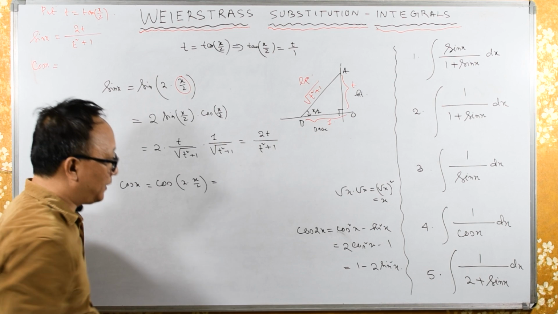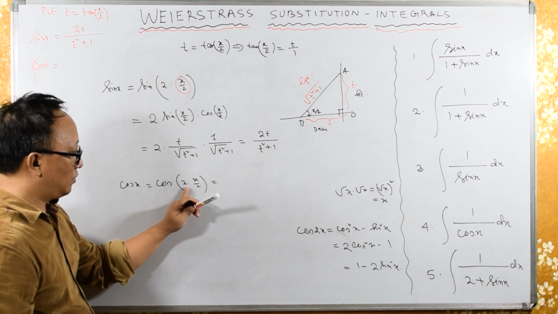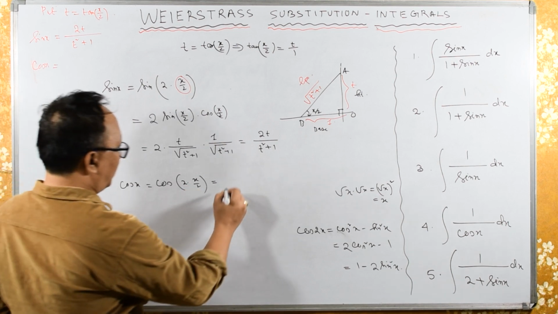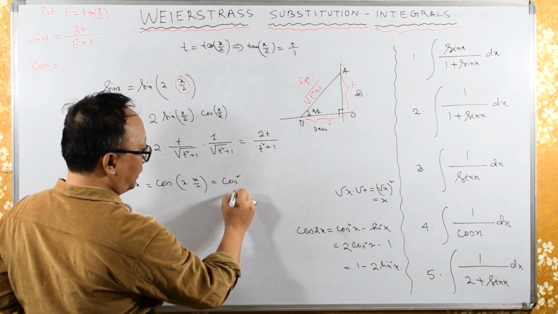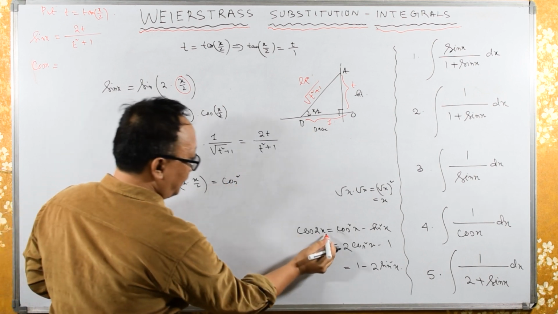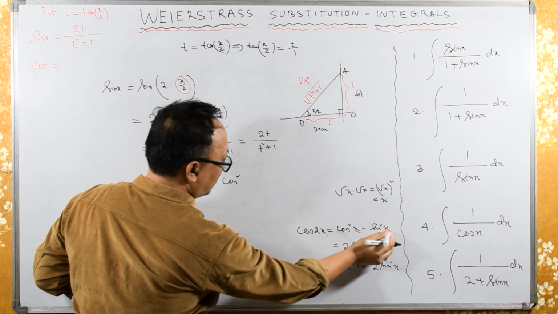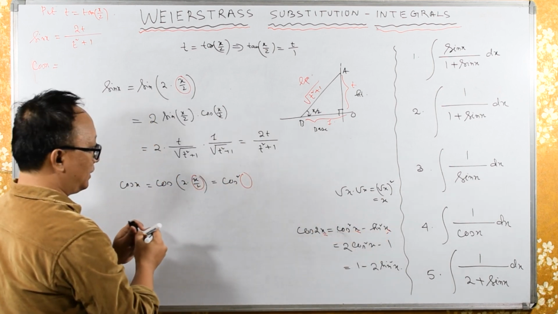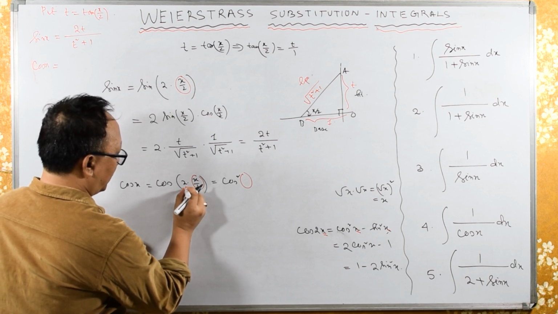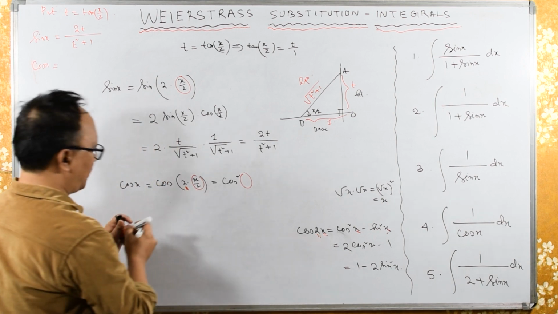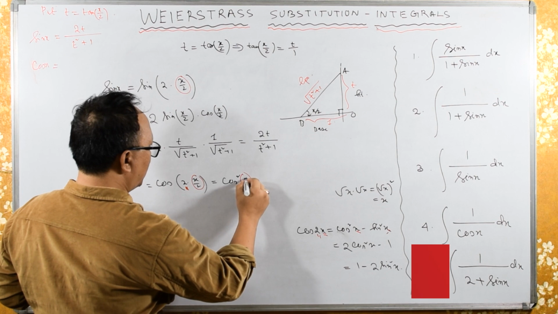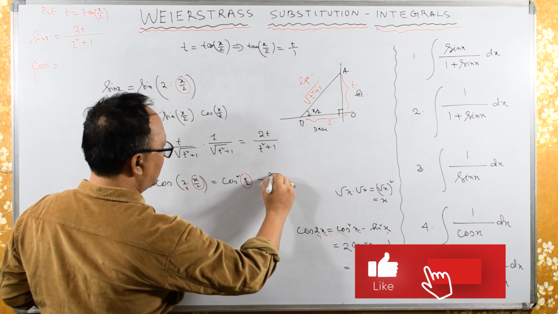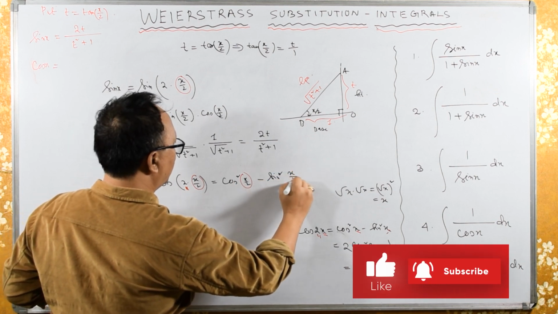If this is x by 2, then all angles will be x by 2, but since 2 is there, we get cos square x by 2 minus sin square x by 2.